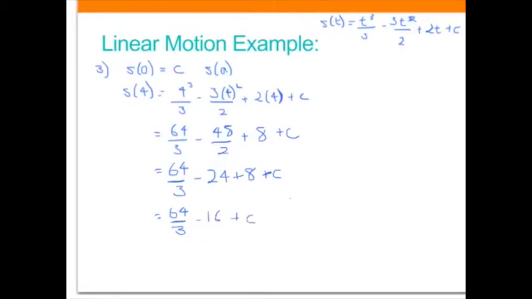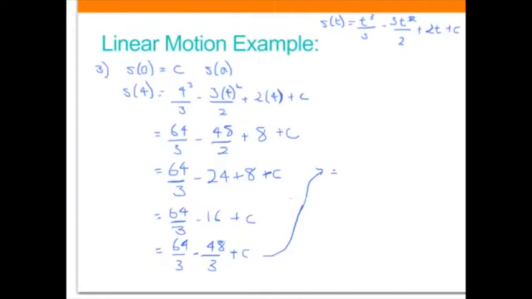Plus C. Now we need to combine these fractions. You make 16 over 3. So you have 64 over 3, take 16 times 3, so 48 on 3 plus C. Sorry, what did you do there?